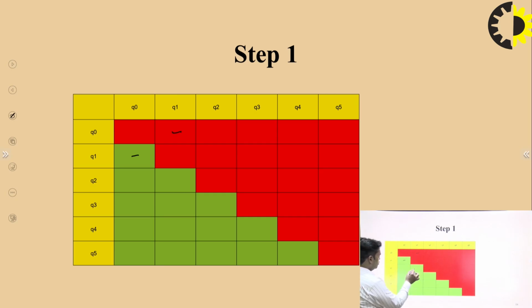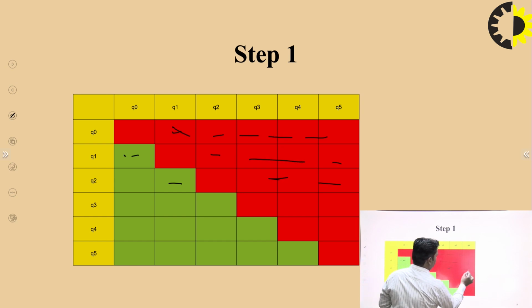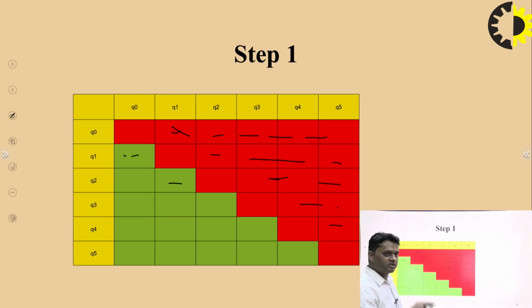Same with Q2 Q1 and this Q2 Q1, meaning these states repeat, so we take only one. We consider only the green part and neglect these portions, because all the states repeat here; it does not matter which state comes first and which is second.